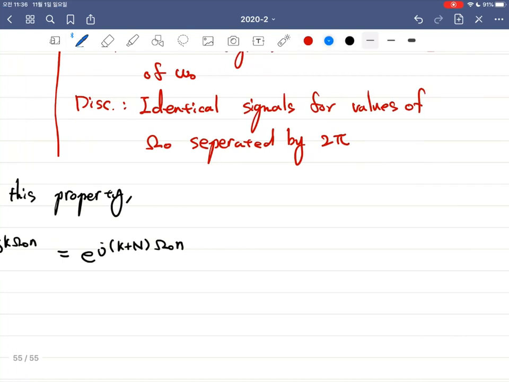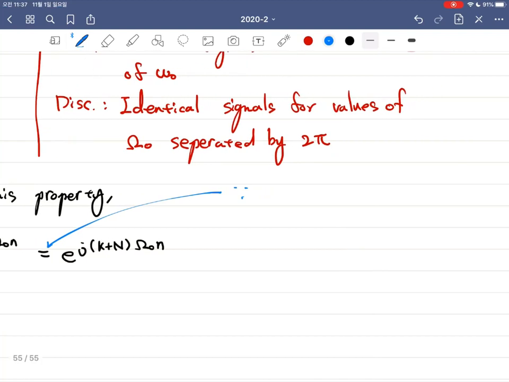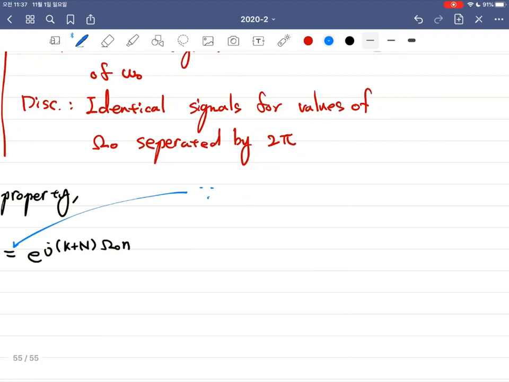And the reason is that, first, you have to note that this e to the j (k plus N) omega 0 n can be treated as sinusoidal signals due to Euler's relation that we always used.